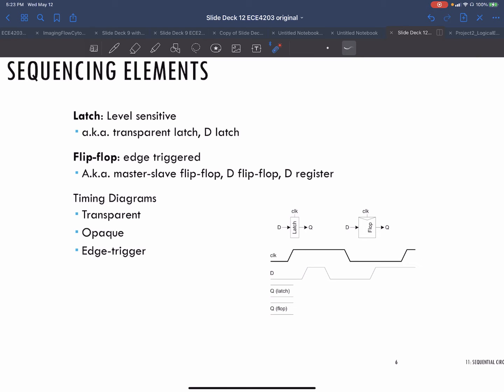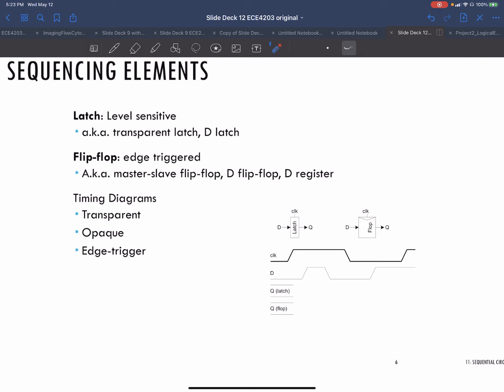Latches are level sensitive, meaning that, let's say the latch is clock-high level sensitive, any input that happens during the high level of the clock shows up at the output and gets stored there when the clock is low. In a flip-flop, everything is triggered on an edge.